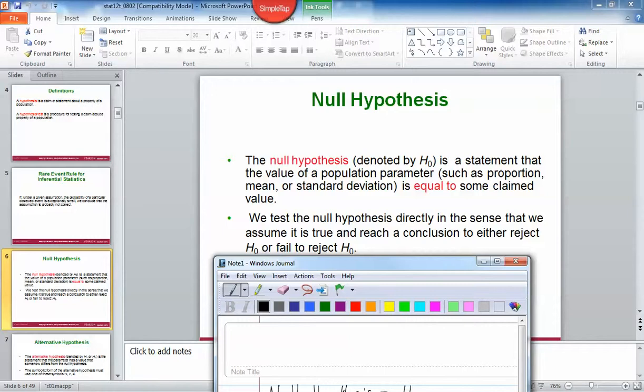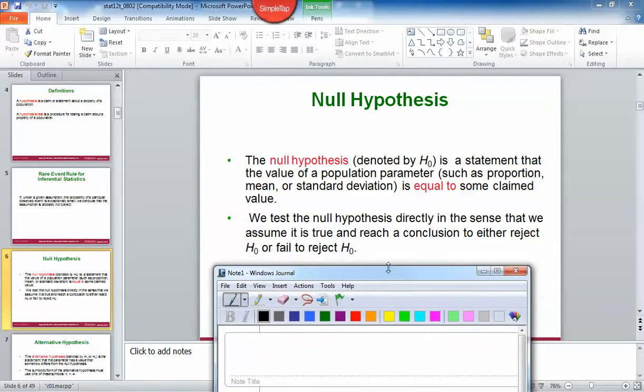Either we reject H sub 0 or we fail to reject H sub 0. And so whatever test method we use, we go through and do all this different stuff, and then that's the conclusion. We're either going to reject H sub 0 or fail to reject H sub 0. Okay? That's the null hypothesis.